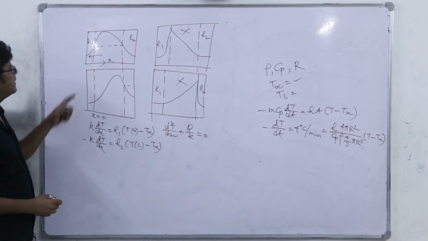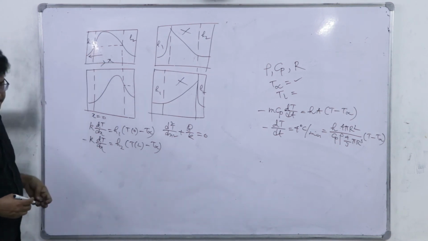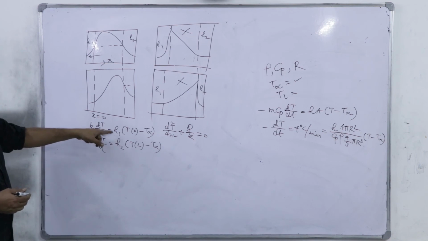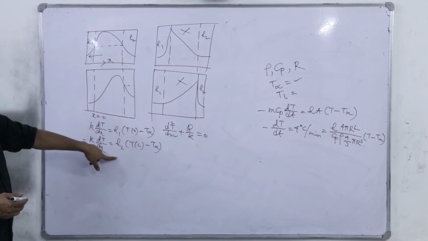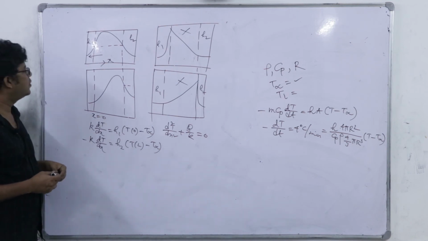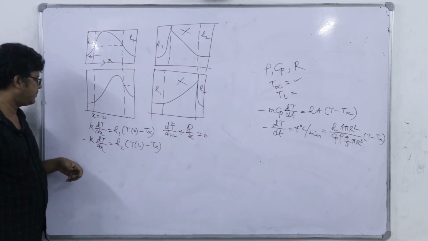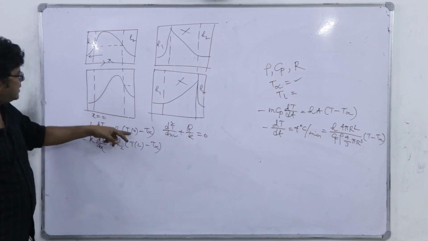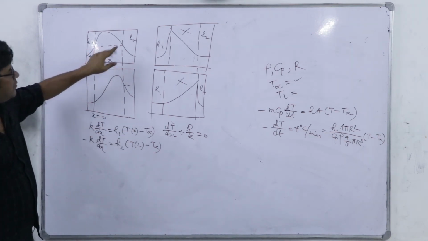So, here in this case you see h1 is higher than h2, and T0 and TL are the same for this case 1.